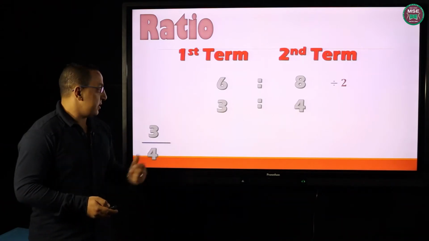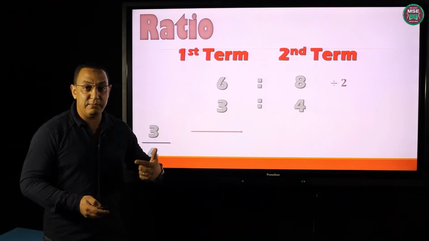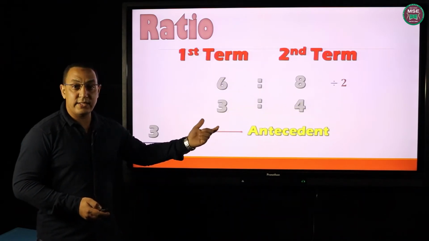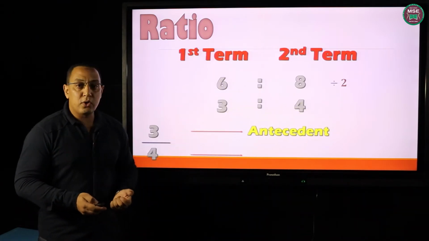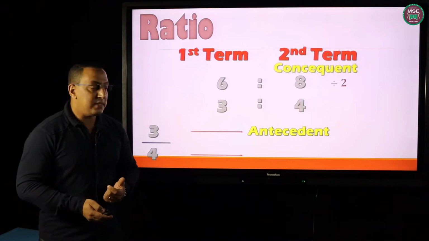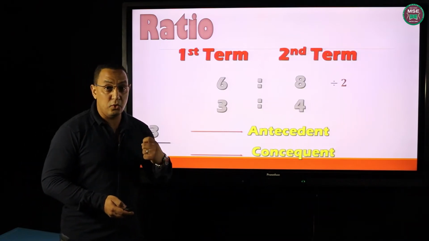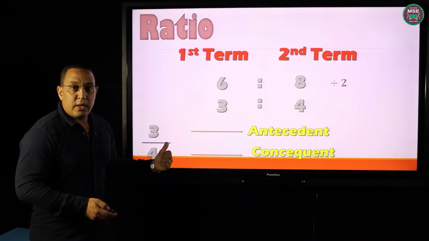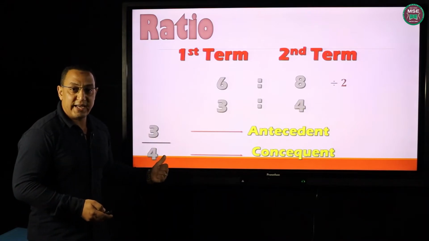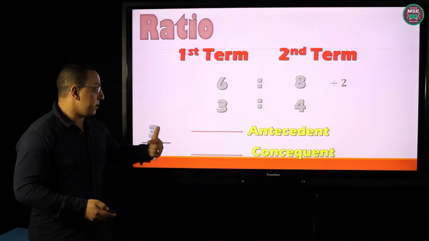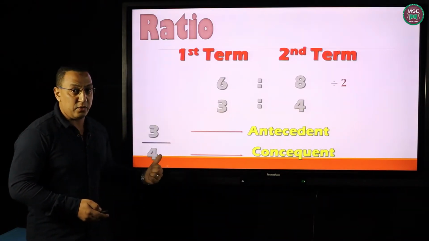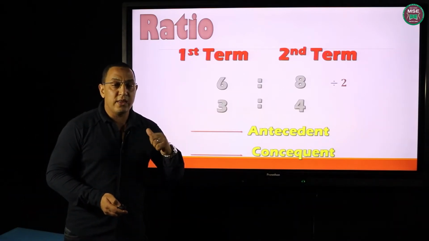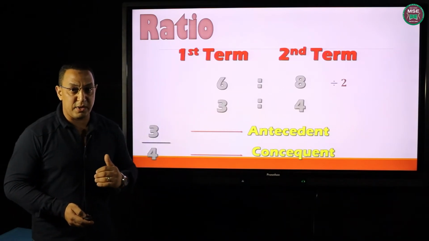In that case, 3 has another name, called antecedent, and 4 has another name, called consequent. So 3 over 4 means first term over second term, or antecedent over consequent. This is the meaning of the ratio that we studied in the 6th primary.